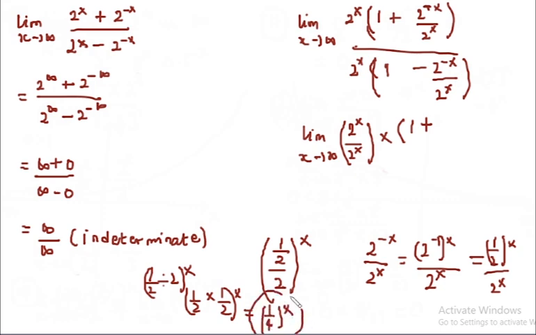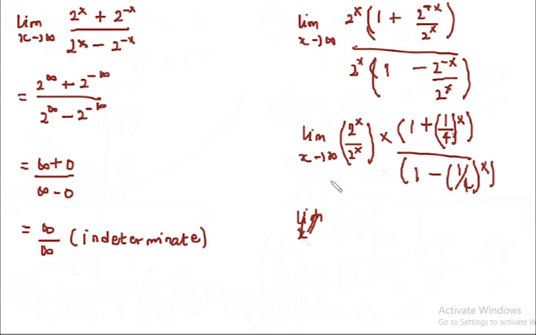So this is what you're going to plug in back to here. So this is 1 over 4 to the power of x, everything to the power of x, divided by 1 minus 1 over 4, everything to the power of x. Clean up space so that here we can plug in our infinity side.